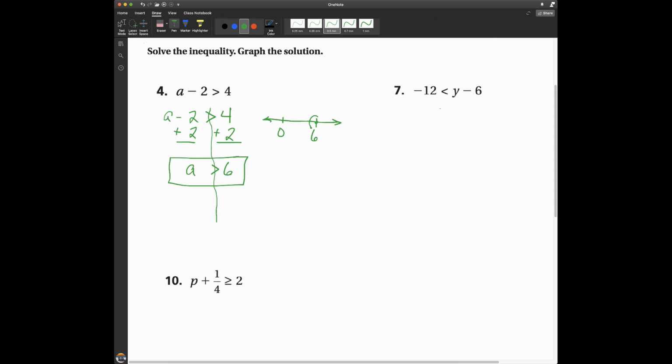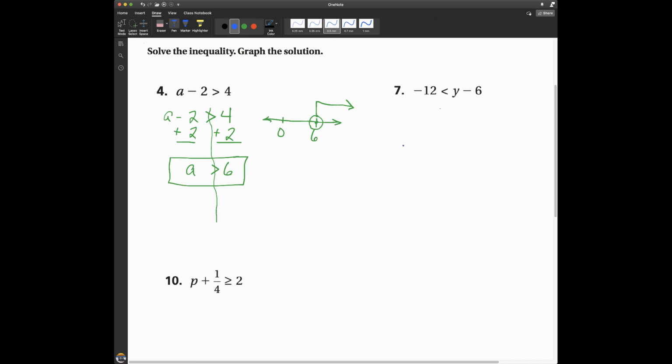I put a circle around that. And I want every value that's greater than 6. I want all of these values that go to the right. Do I shade in the circle? I do not, because a is greater than 6. It is not greater than or equal to 6. So that's all we have to do.